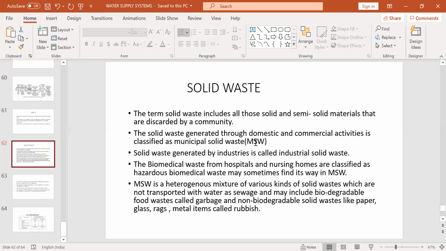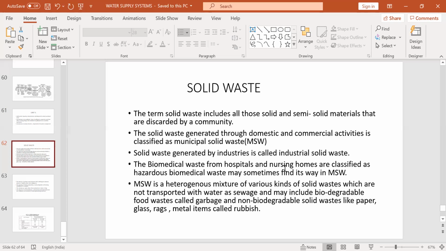Okay, so that again has to be treated, industrial wastes in the form of solid, that has to be reduced or converted into some form or recycled. Okay, so again a lot of research is going on in that area. Solid waste generated by industries is called industrial waste.